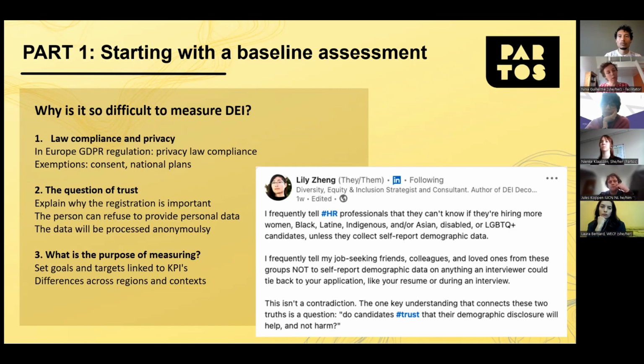And I was wondering why there was this fear, because you can measure all kinds of programs or finance aspects in your organization. But when it comes to diversity, equity, and inclusion, there are some obstacles, and I think it's also mental, to measure diversity, equity, and inclusion.